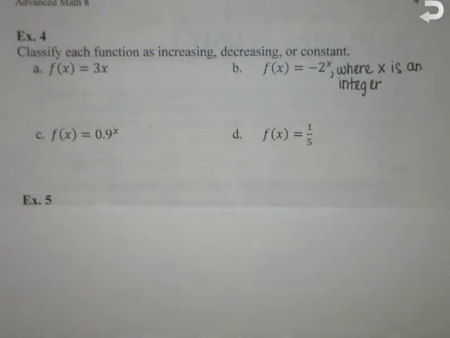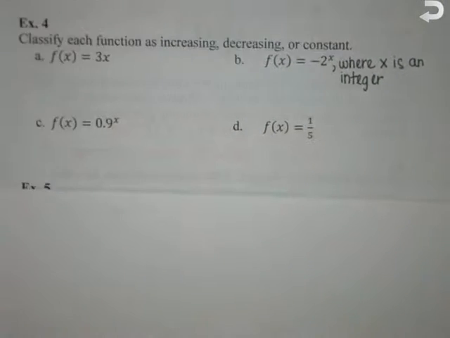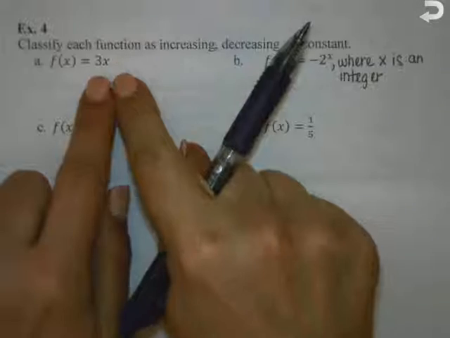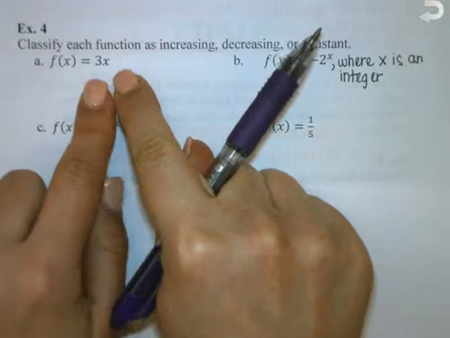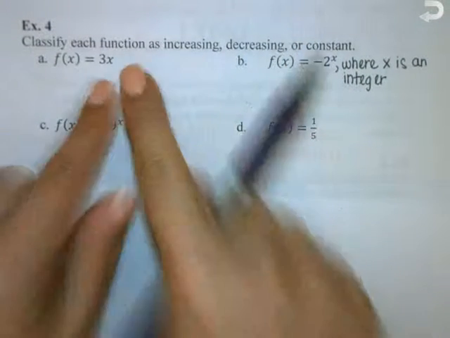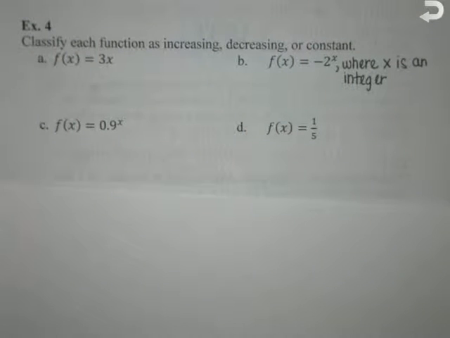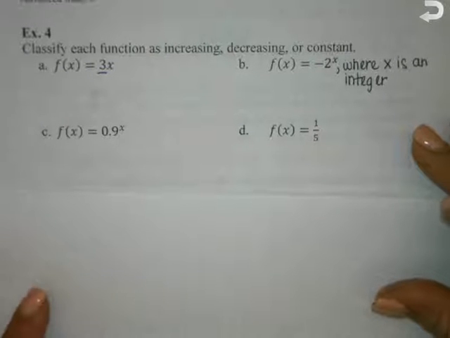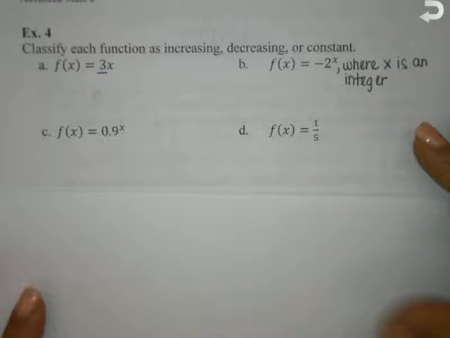Okay, so all we're doing for example 4 is increasing, decreasing, or constant. So look at 4a. f of x equals 3x. Can you tell me which type of function this is? It's a linear. Now, remember, with linear functions, we look at the number in front of the x. This one is positive, so is it going to be increasing or decreasing? Increasing.